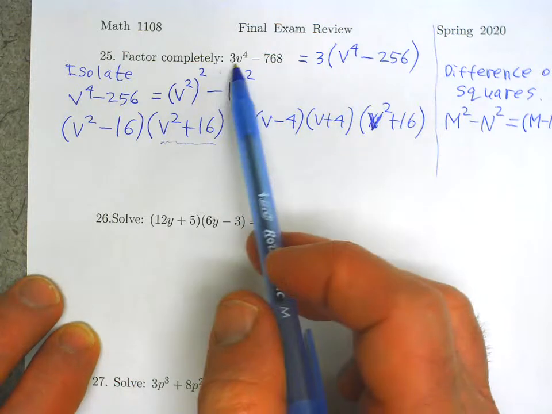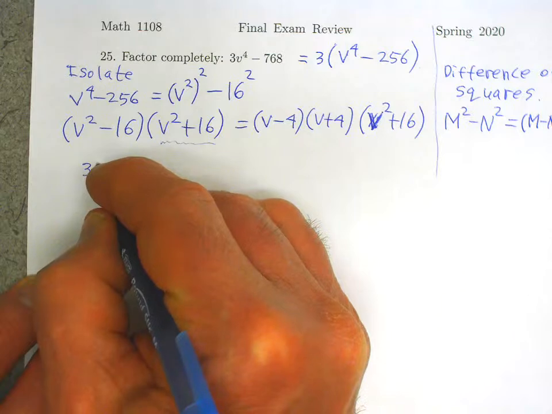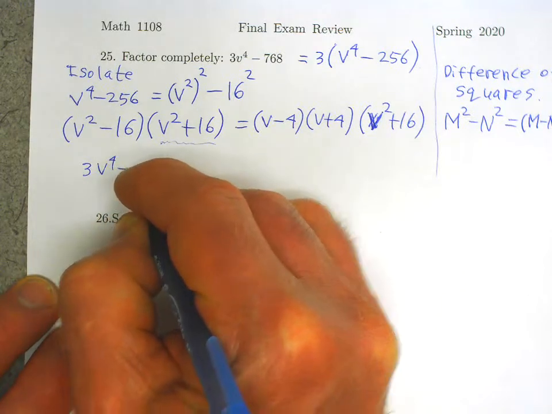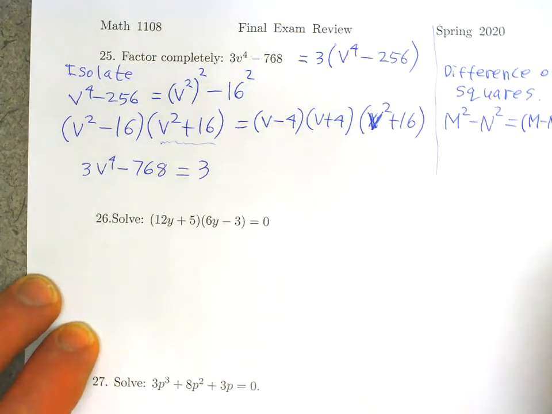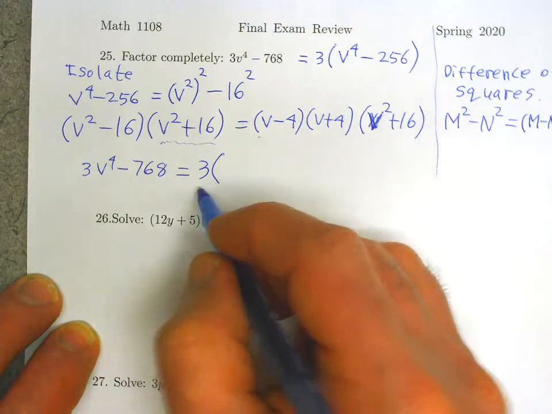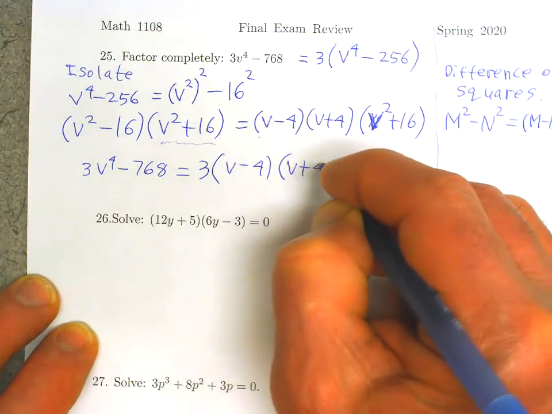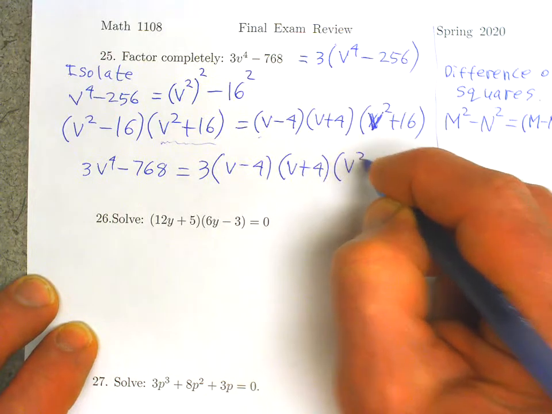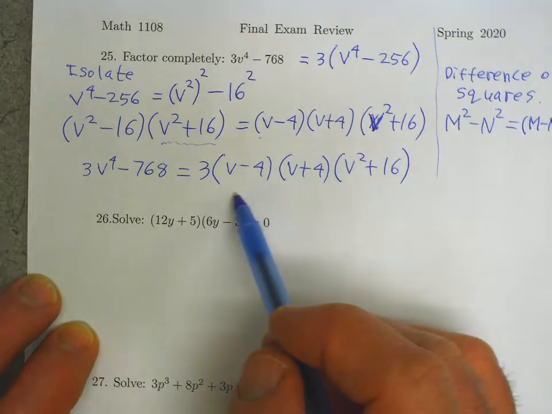We started with 3v to the fourth minus 768. We have to include the factor 3. And then we'll just write down these factors. 3 times v minus 4 times v plus 4 times v to the second plus 16. This is the complete factorization.